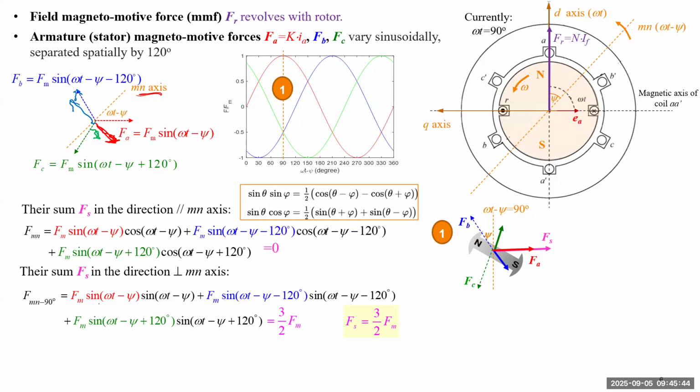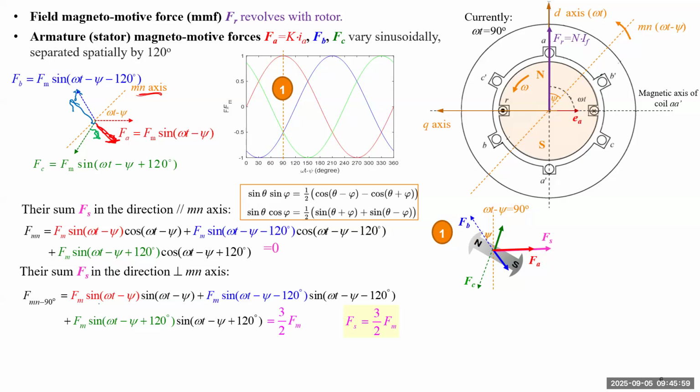Right now this is the MN axis, which determines when the current reaches the maximum value. So we further turn it until it becomes vertical to the ground. So this is 90 degrees.